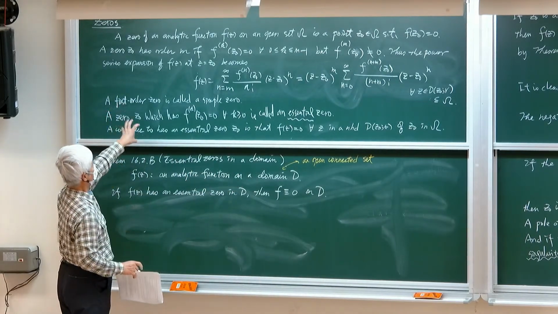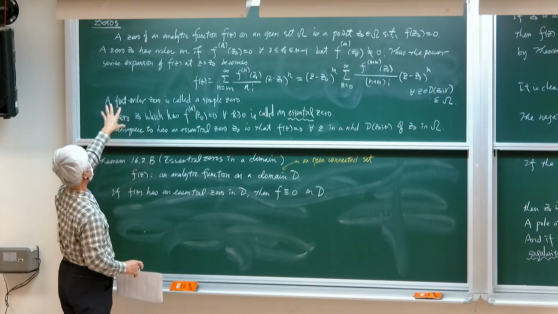Now, the other type of zeros are zeros of finite order.